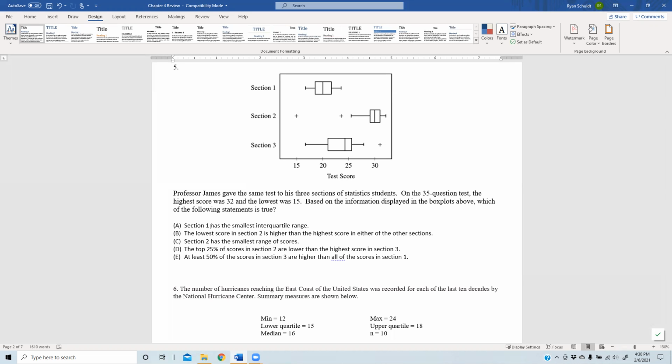Remember, the interquartile ranges are the bounds on the box. That's the easiest way to explain it. So does section 1 have the smallest interquartile range, or the smallest box? No. Section 2 has the smallest IQR. So that one's out.